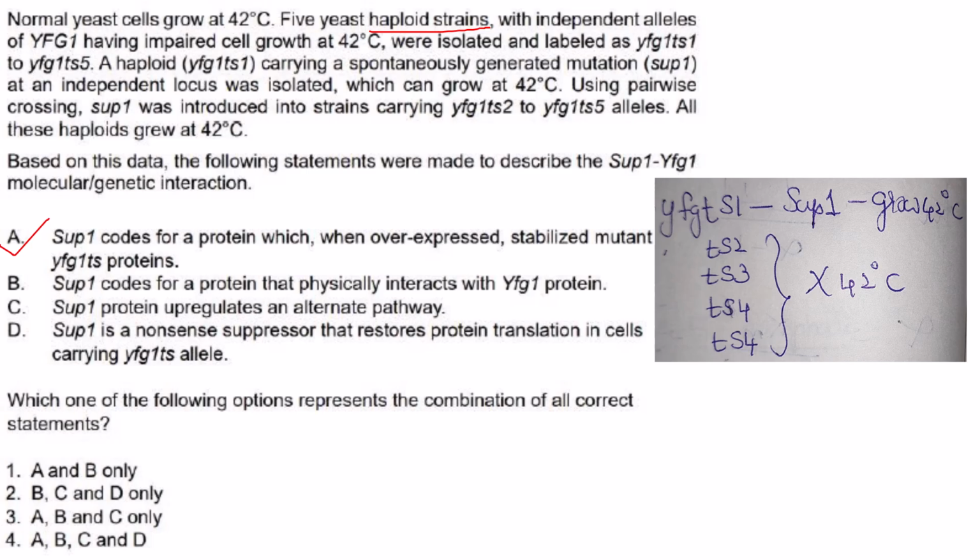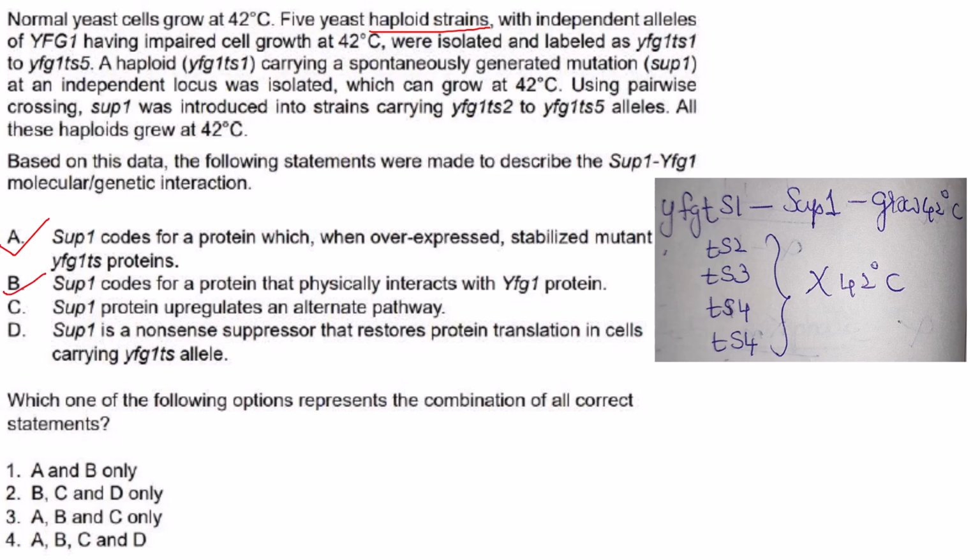Then SUP1 codes for a protein that physically interacts with YFG1 protein. Okay, now the YFG1 mutants will be producing one type of protein and SUP1 will be producing another type of protein. These two proteins will interact with each other and will result in a normal phenotype, that is, the mutant YFG1 TS1 will be able to grow at 42 degrees. Okay, that is also correct.